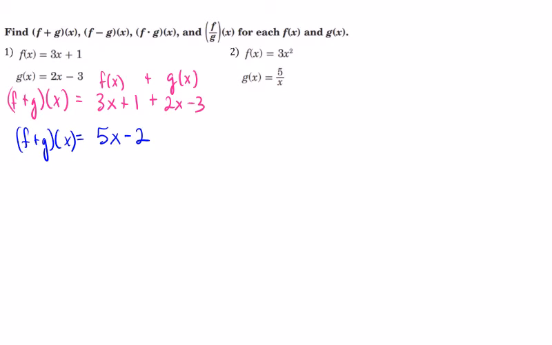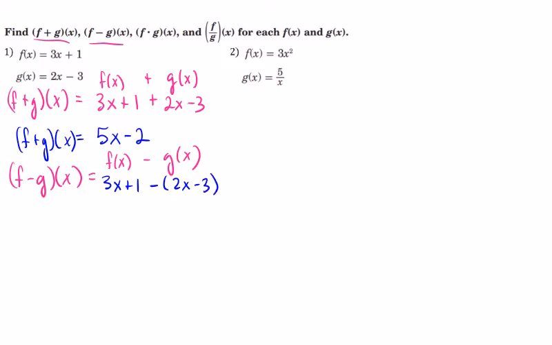All right, so next let's do f of x minus g of x. So f minus g of x equals f of x minus g of x. So we're going to take the first function, f of x, 3x plus 1, and subtract the second function, 2x minus 3. Now in the first one we didn't need parentheses, because whenever we're just adding two things and we don't have anything we're multiplying, we can just add them.